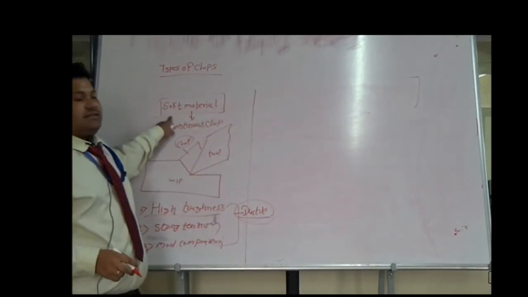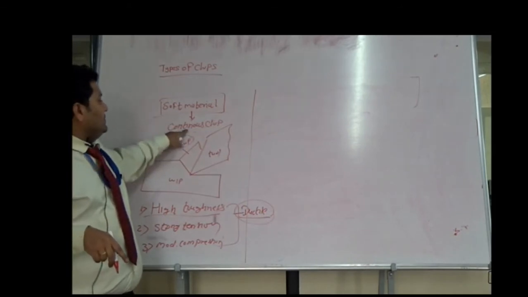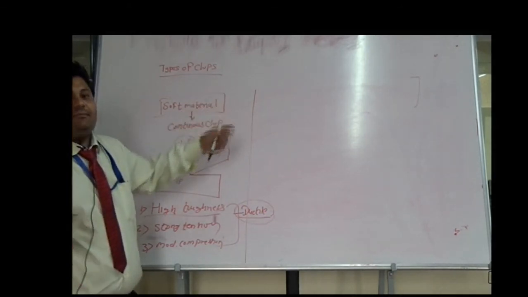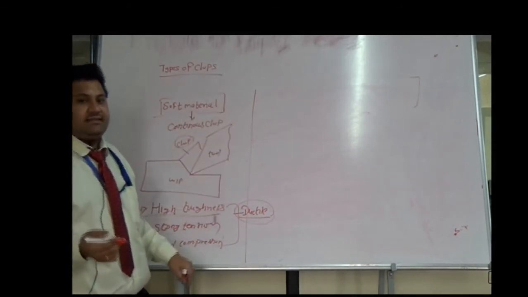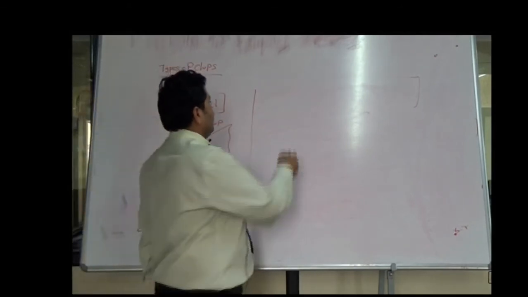So, you have seen the soft material. Now you have to see the hard material. One is soft and the second is hard. Now, you have to see the hard material.